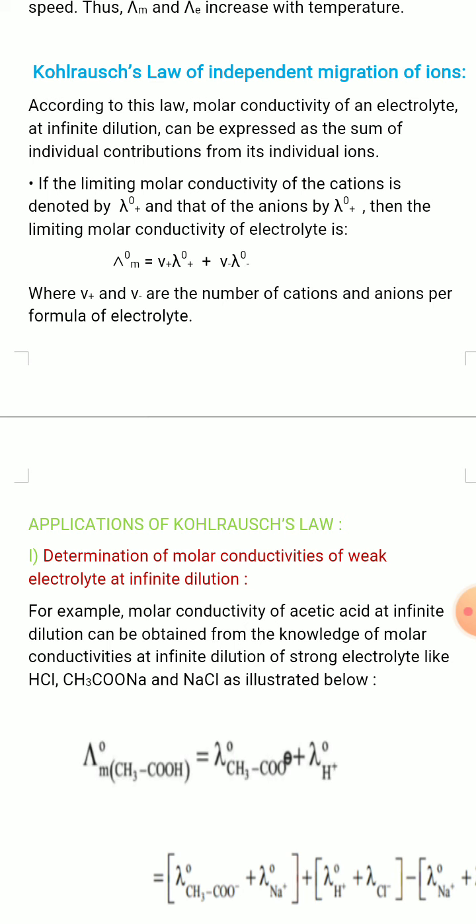Okay, so lambda 0 m is equal to nu plus lambda 0 plus plus nu minus lambda 0 minus, where nu plus and nu minus are the number of cations and anions.